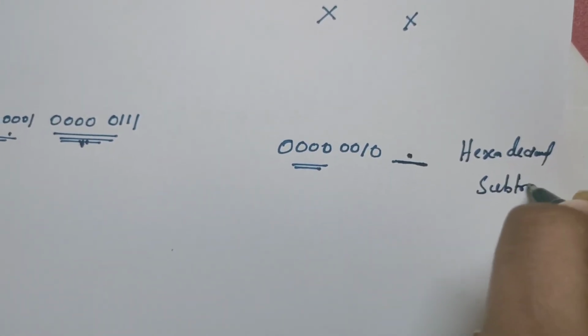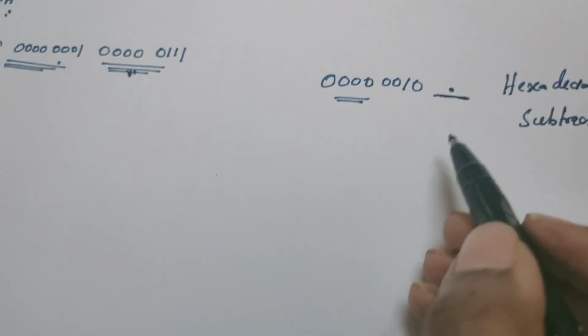Hexadecimal subtraction. Right? After performing the subtraction, when you compare the value with #10, certainly it is greater than 10. Once the difference is greater than 10, further you have to subtract a 7.